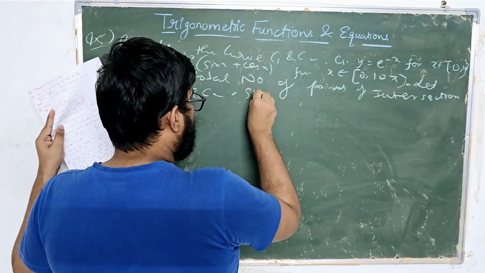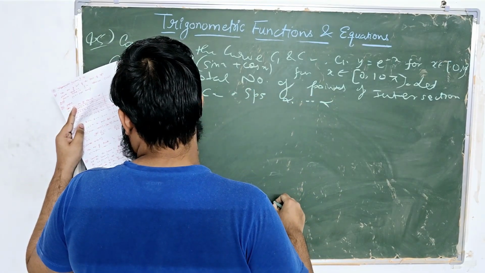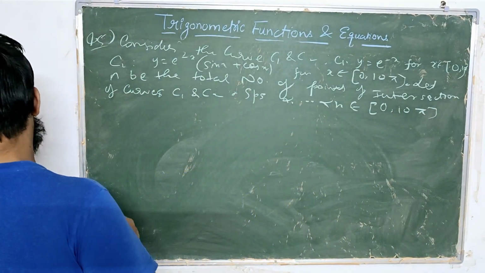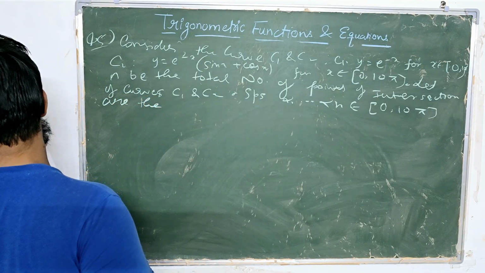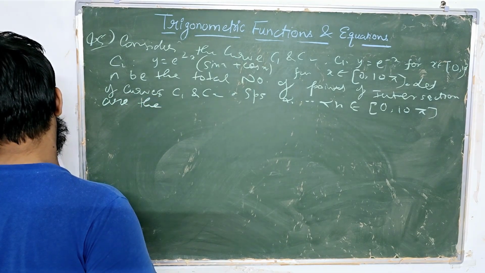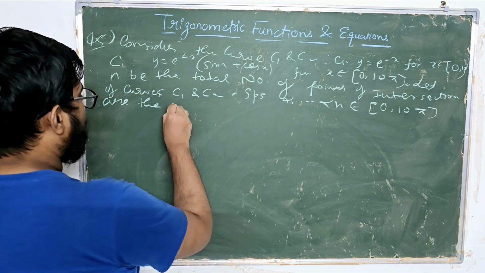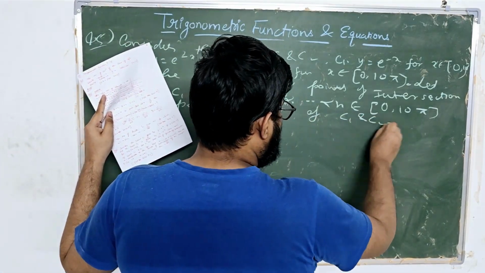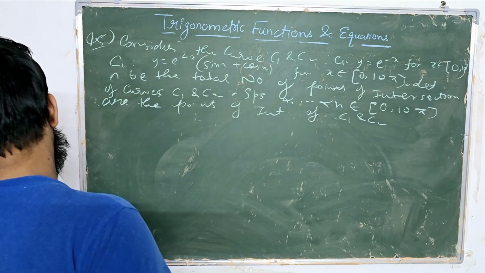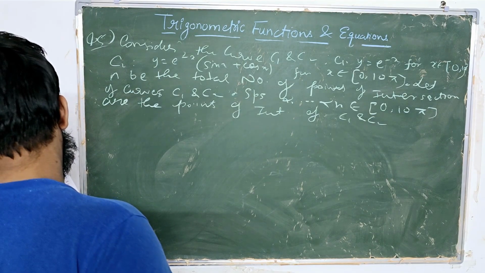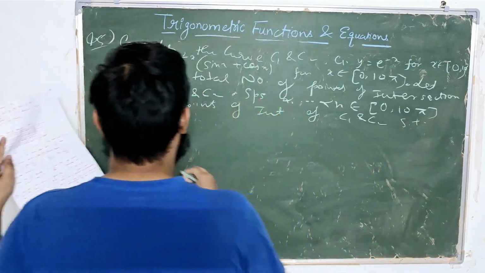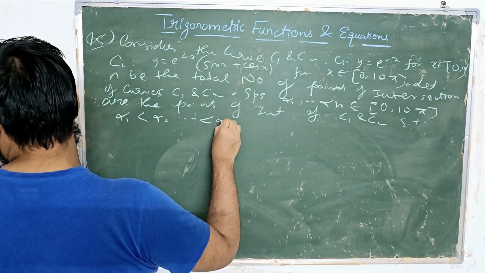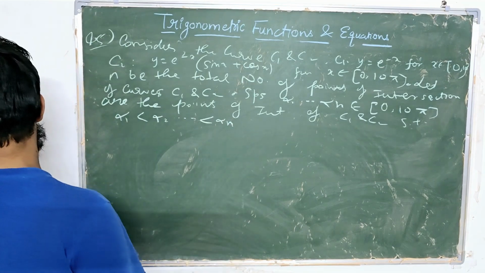Suppose that alpha 1 to alpha n belonging to 0 to 10 pi are the points of intersection of C1 and C2 such that alpha 1, alpha 2 and so on till alpha n are in increasing order.